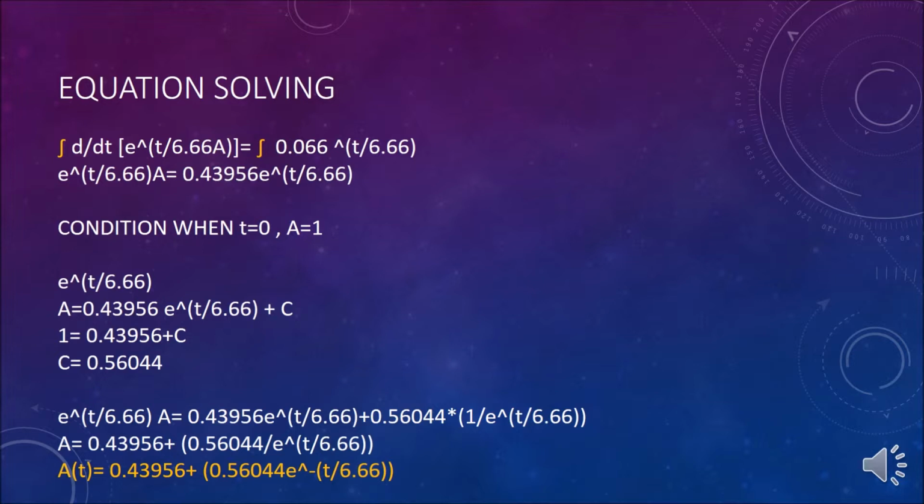Then A is equal to 0.43956 plus the constant divided by e raised to t over 6.66. Then we have that our result is A(t) equal to 0.43956 plus 0.56044 e raised to minus t over 6.66.